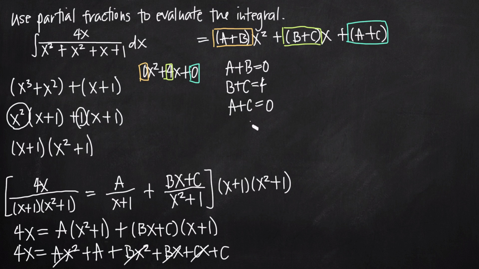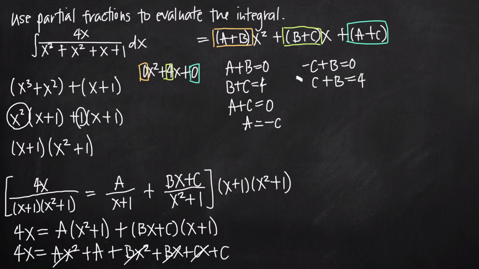Let's take this third equation and find a value for a in terms of c. So we'll subtract c from both sides, and we'll get a is equal to negative c. We'll go ahead and plug negative c into our first equation here. So we'll end up with negative c plus b equals 0. And then here we have b plus c equals 4. So flipping those around, we have c plus b equals 4.